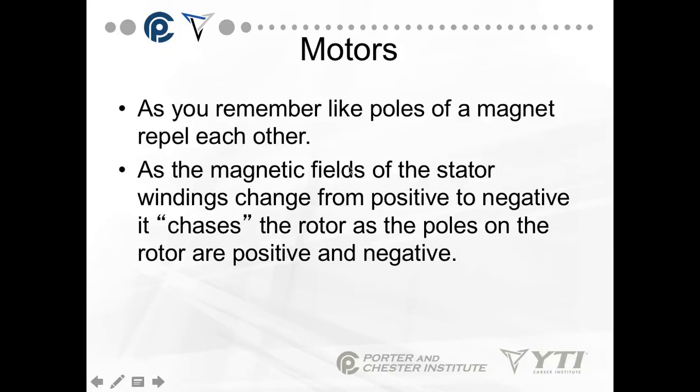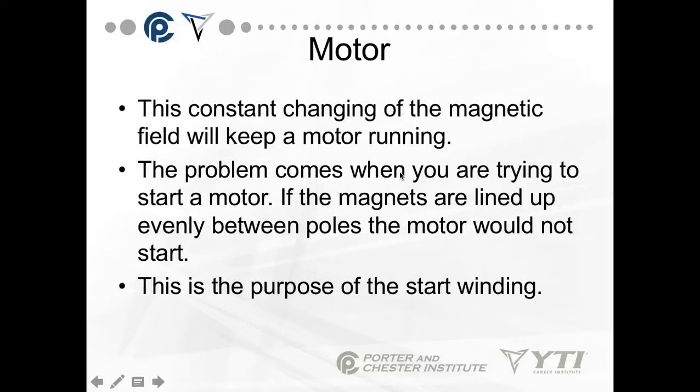Okay? As the magnetic fields of the stator windings change from positive to negative, it chases the rotor, as the poles on the rotor are also positive and negative. This constant change in the magnetic field is what keeps the motor running.